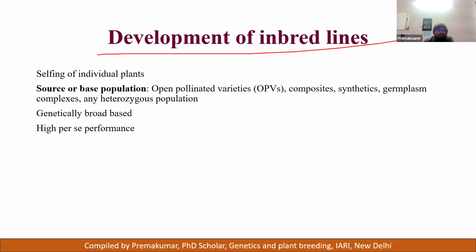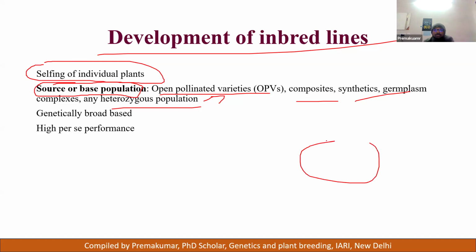First, the basic ingredient is which source population you use for inbred development, which matters a lot. You can use open pollinated varieties, composites, synthetics, germplasms, any heterozygous population for inbred development. What we have to do is just self individual plants.